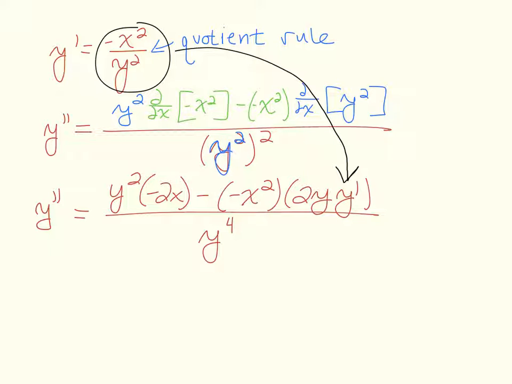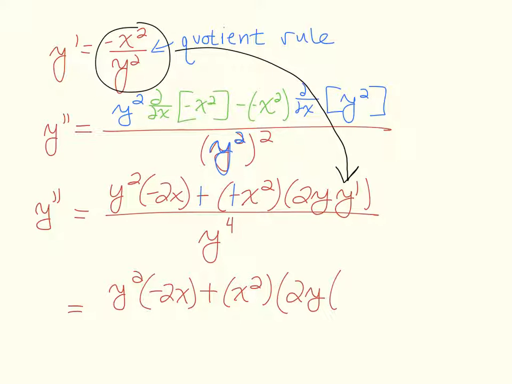So our new derivative looks something like y squared times negative 2x. The negative minus the negative here turns into a positive. So I'm going to write plus x squared times 2y times the fraction negative x squared over y squared.